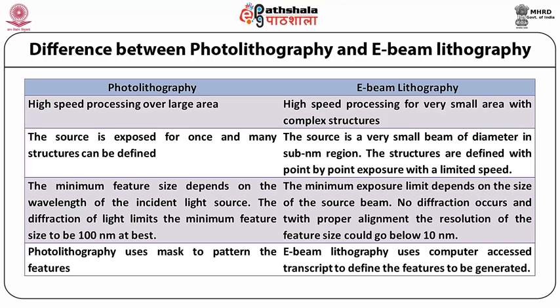But in E-beam lithography, the minimum exposure limit depends on the size of the source beam, no diffraction occurs, and with proper alignment, the resolution of the feature size could go below 10 nanometer. Photolithography uses masks to pattern the features, but E-beam lithography uses a computer-assisted program to define the features to be generated.